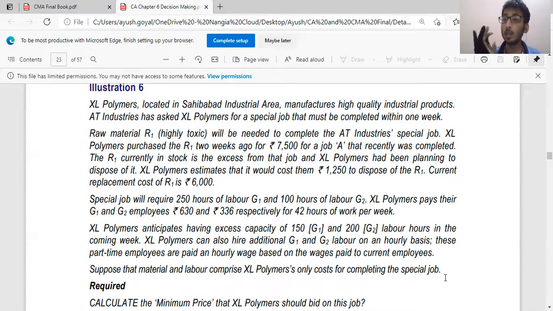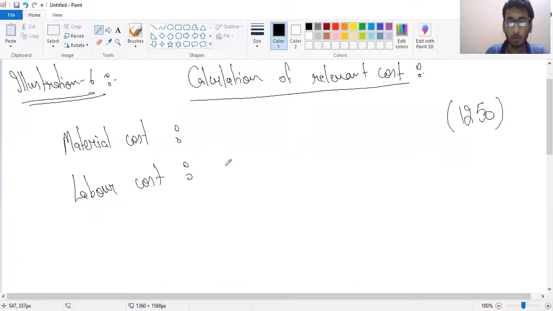And for G1, it would be only for 100 hours, because 150 hours I already have. Since 630 is the rate for 42 hours, if 630 is charged for 42 hours, what would be charged for 100 hours?